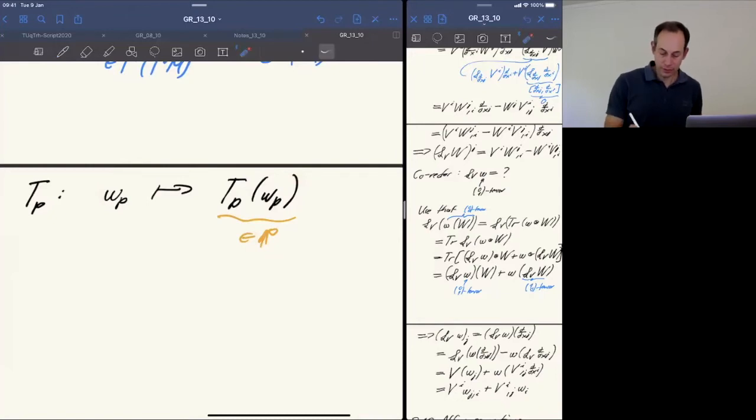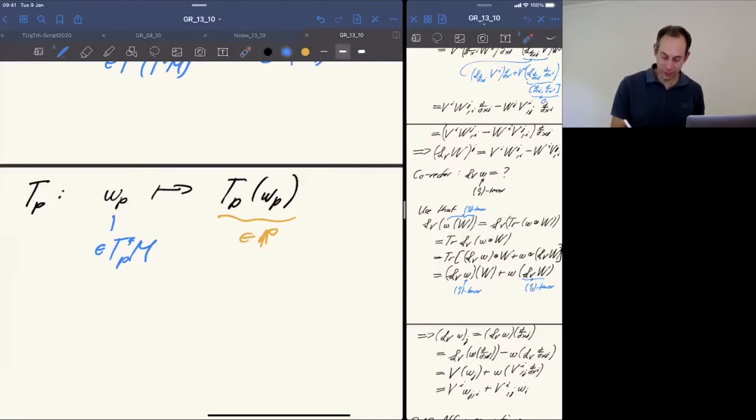The short answer would be to say that something that takes a covector and maps it to a number is again the dual of the covector space. The covector is an element of T star M at point P. And if I have again a function on this that maps to real numbers, it's again the dual of that.